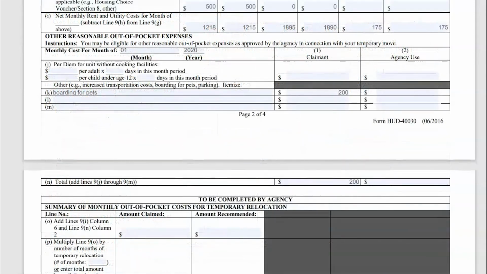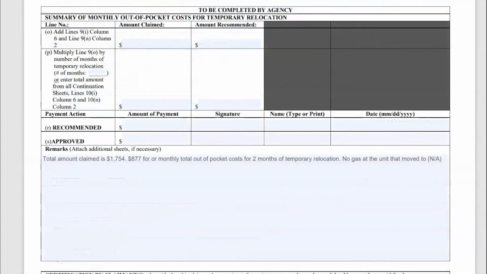In 9J through N, subrecipients should input the eligible amounts for other reasonable out-of-pocket expenses based off the documentation provided. In the To Be Completed by Agency section for the summary of monthly out-of-pocket costs for temporary relocation, subrecipients should summarize and compare the amounts claimed by the claimant with the amounts recommended for reimbursement.